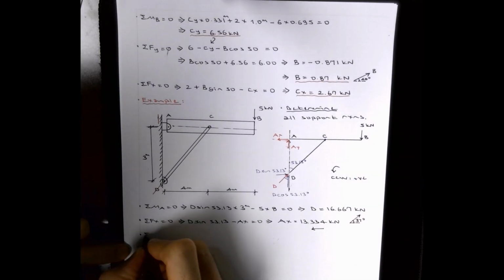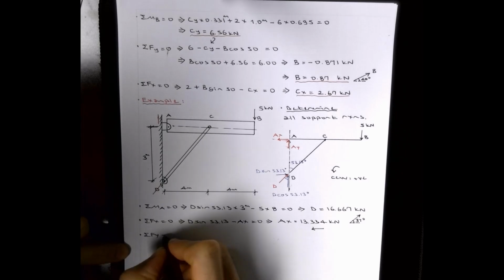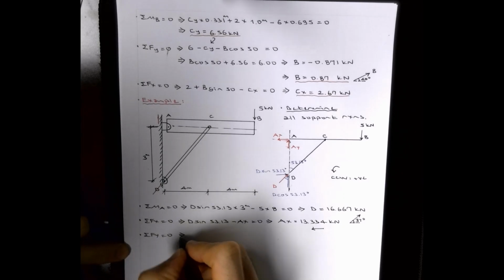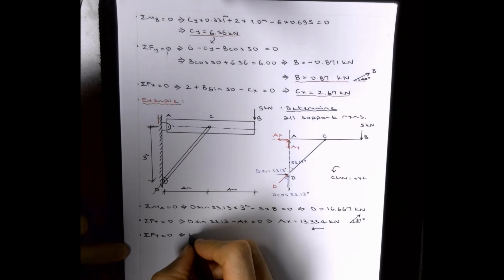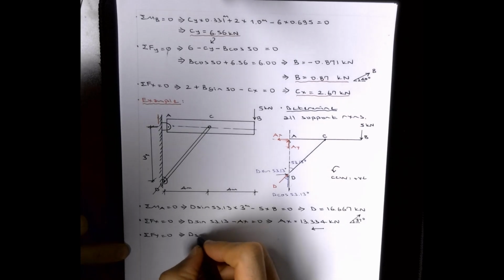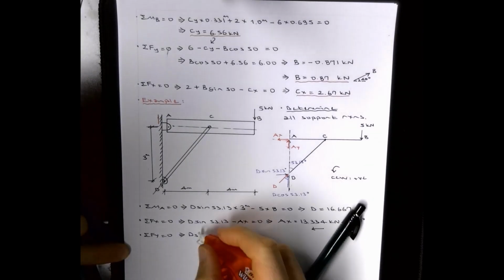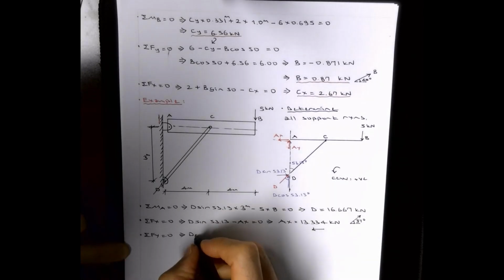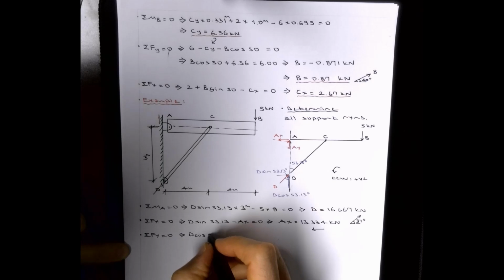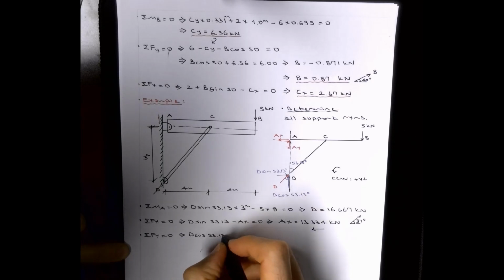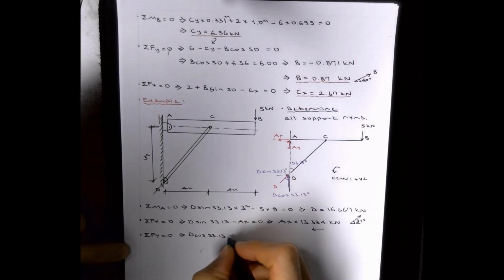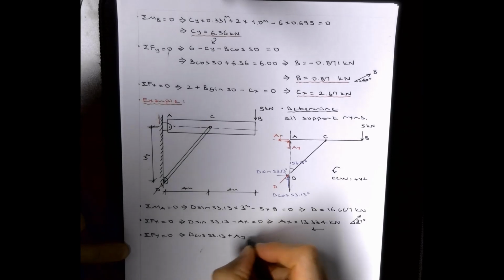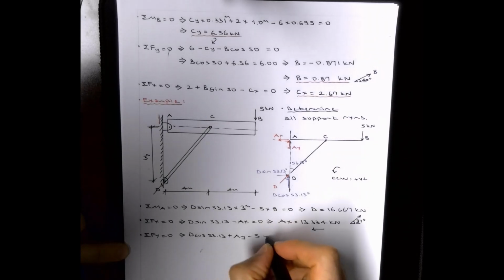Finally, Fy. So D, now we are using the cosine. D cosine plus AY minus 5 equal to 0.